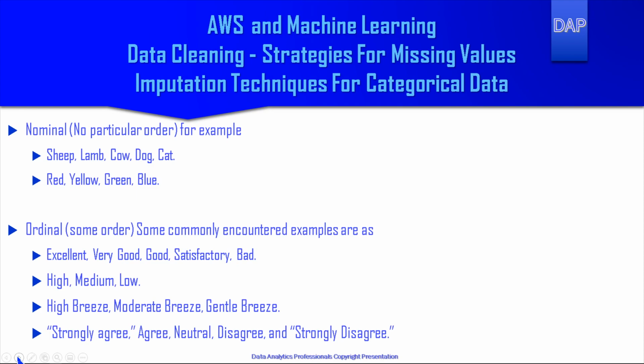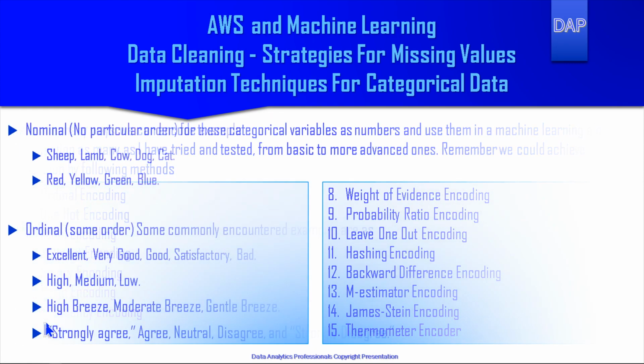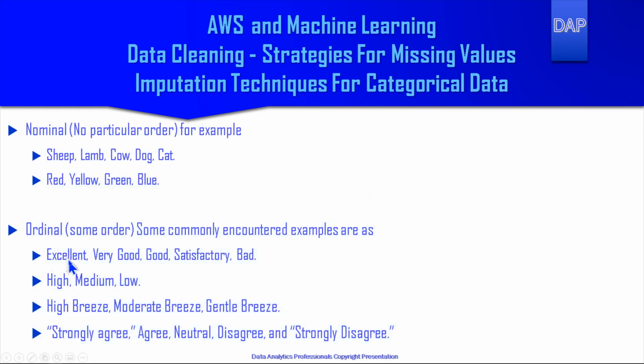You might have such categorical variables in your data set, and there can be many more. I'm just giving you a few examples. First of all, you should understand that in ordinal there is some kind of order. Excellent is higher than very good, which is higher than good, and so on. And high is higher than medium, and medium is higher than low. It gives us a kind of order.